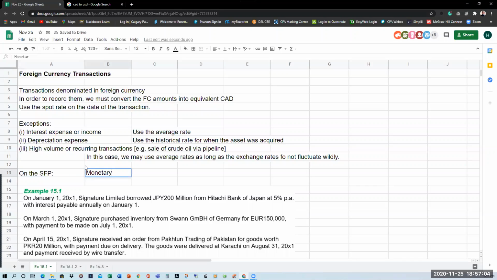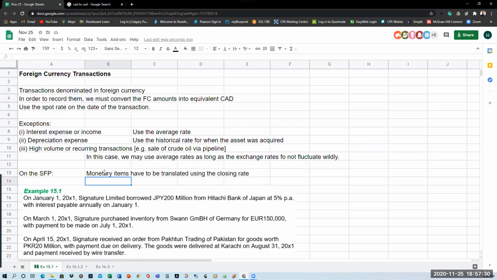For the balance sheet, any monetary items have to be translated using the closing rate. Closing rate is the spot rate at the end of the year. What monetary items are, I've explained in the lecture video.